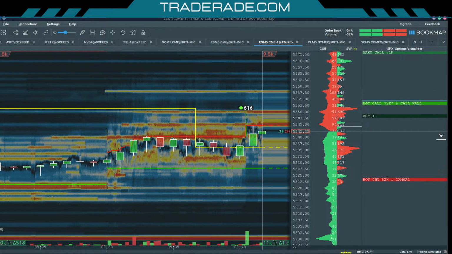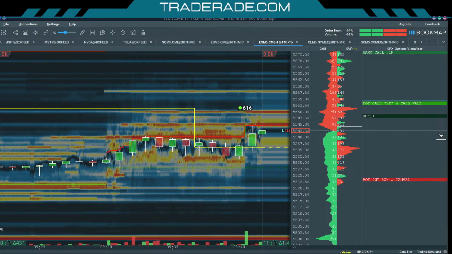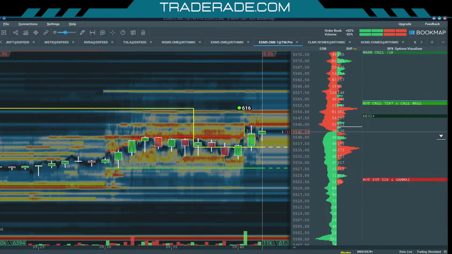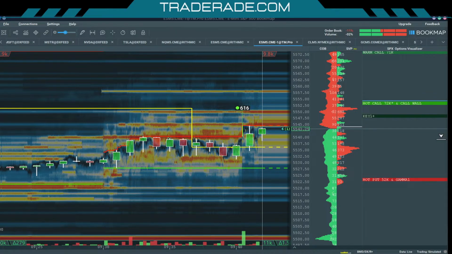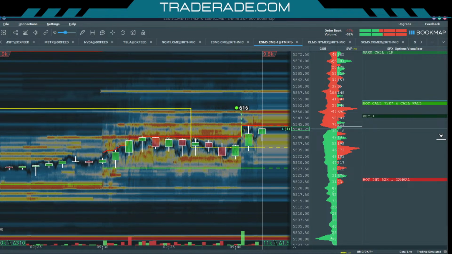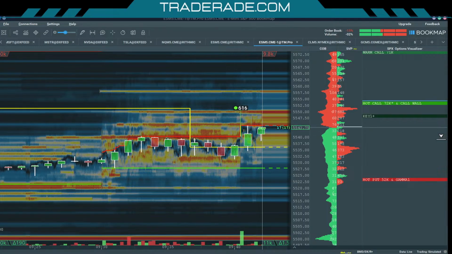We are just about 18 minutes away from JOLTS and CB consumer confidence. Things are going to get way less liquid into that data and during it, and you could be on the right side of the trade and still get whipsawed out. So in an environment like this of lower liquidity, the way that I handle it, A, I'm way more careful about the trades I take and the setups I'm willing to take on. B, I reduce the size I'm going to use because C, I have to take wider stops.